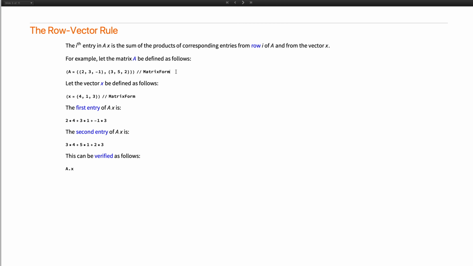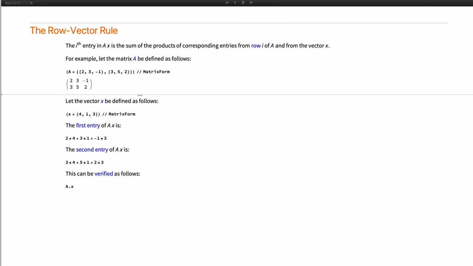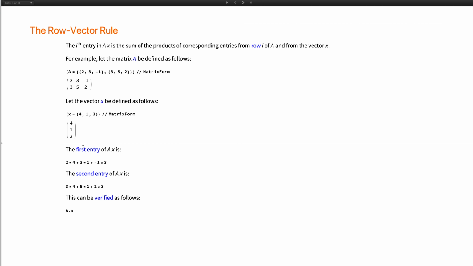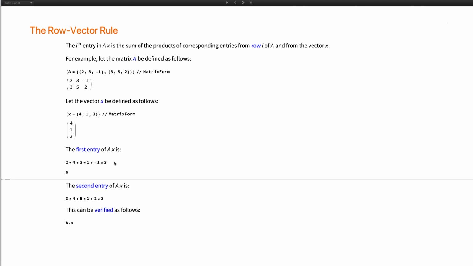So again, here's an example. You have a matrix, you have a vector, and if you want the first entry of Ax, what you do is you take the first row of A, the 2, 3, minus 1, and then lift it and place it on the first column. So you get 2 times 4, 3 times 1, and negative 1 times 3, that's 8.